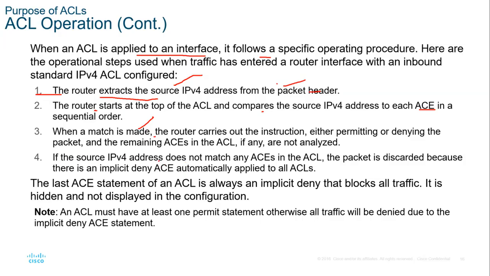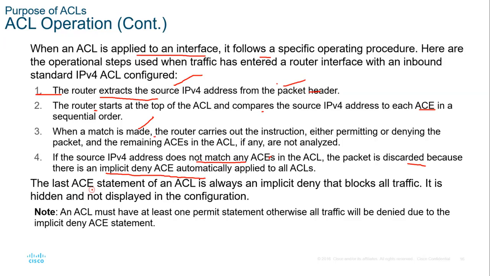If the source IP address does not match any entry in the access control list, then the packet is discarded, because there is what we call implicit deny. If the source IP address in the packet header does not match any entry in the access control list, it is going to be acted upon by the implicit deny, and it is blocked.